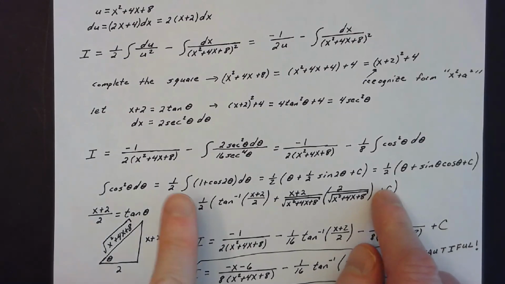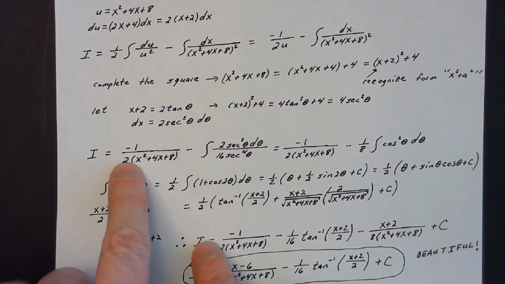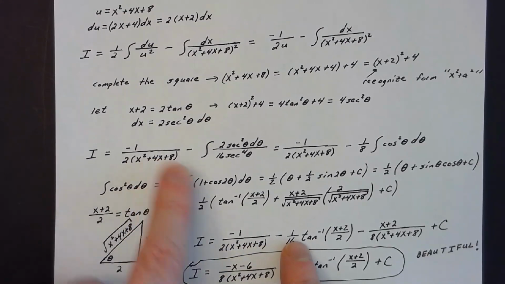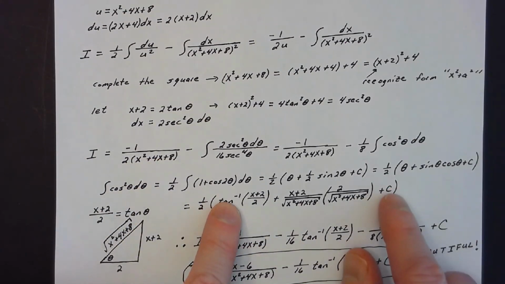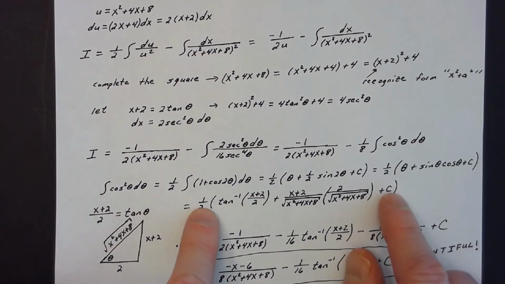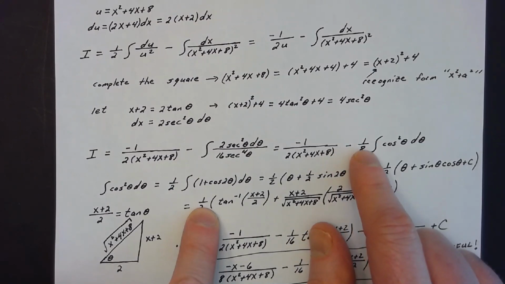So now, again, I'm pulling all of this integral together. Remember, we already had this answer up here, negative 1 over 2 times the group x squared plus 4x plus 8. Now when I tally that together with what I have here, this is just the integral of the cosine squared of theta. We have to multiply all of that by a minus 1 over 8.